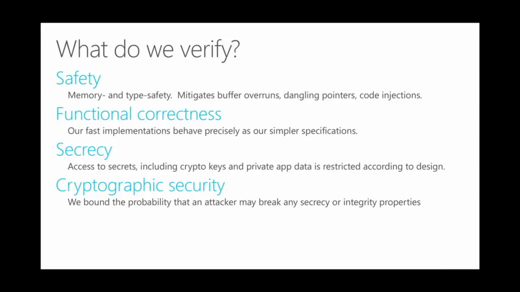And then depending on the component that we are verifying, we pick properties that we think are the most suitable for those components. So usually this means at least functional correctness. But for certain components, we will also prove things like cryptographic security, meaning that we bound the probability that an attacker can break a certain crypto construction.